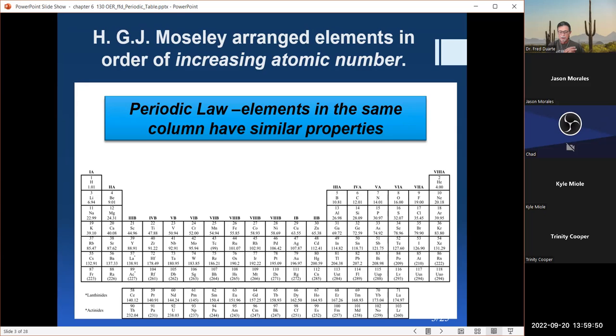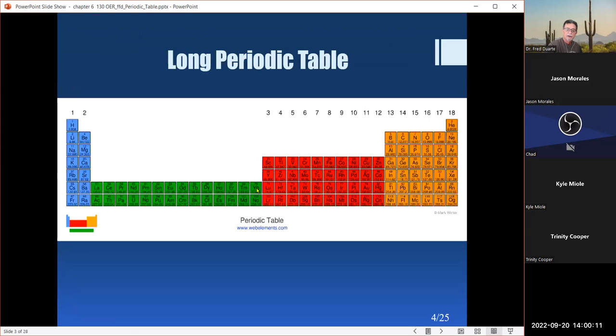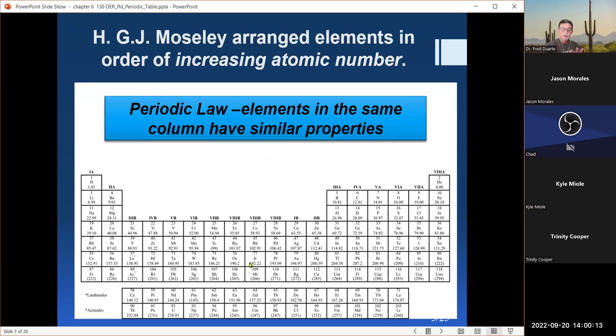And he introduced what's called the periodic law, that elements in the same column have similar properties, which we know now has to do with the number of valence electrons that they have. Very similar properties.